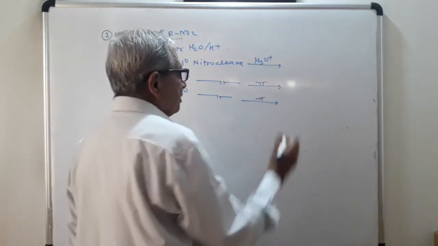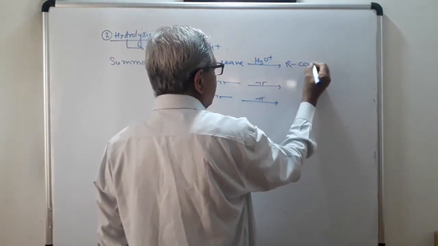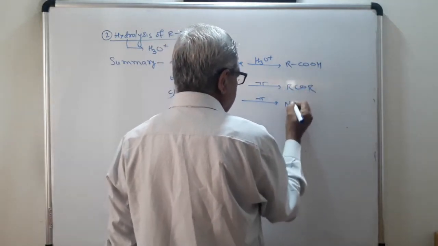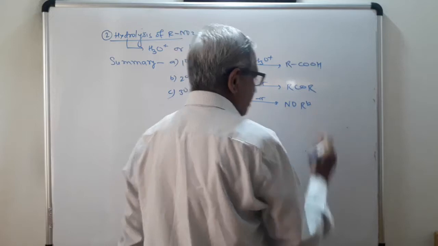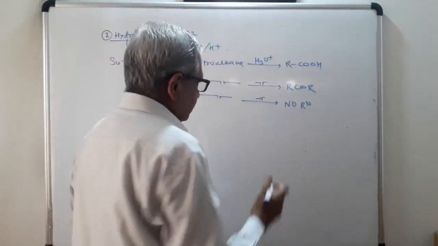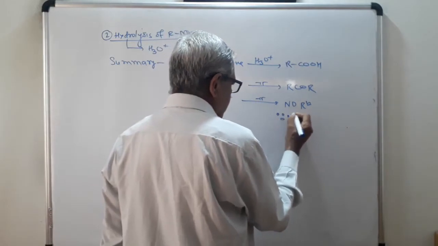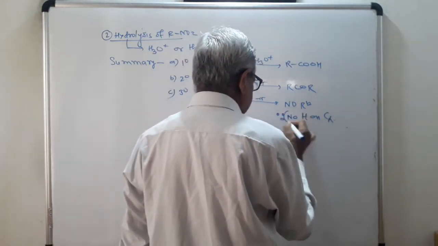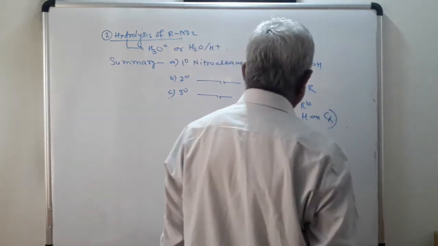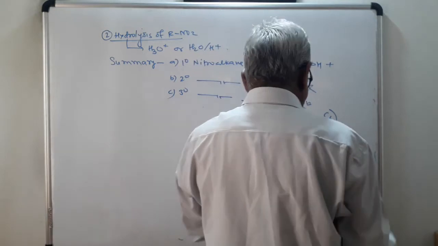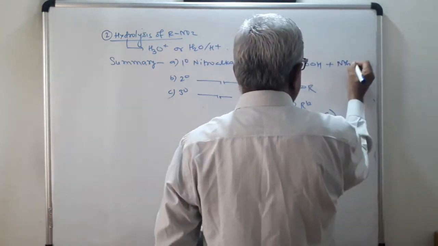The products are different here. You will get carboxylic acid here, you will get ketone here. In this case, no reaction because no hydrogen is directly attached to the carbon atom, no hydrogen on alpha carbon, this is the reason. Here the byproduct is NH2OH, hydroxylamine.